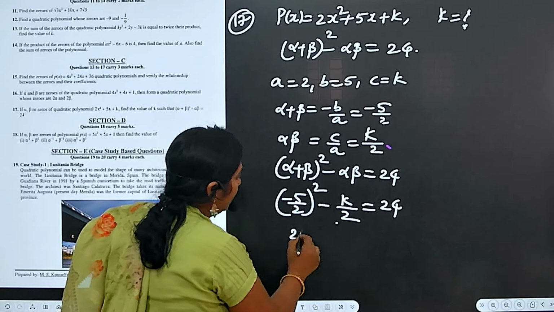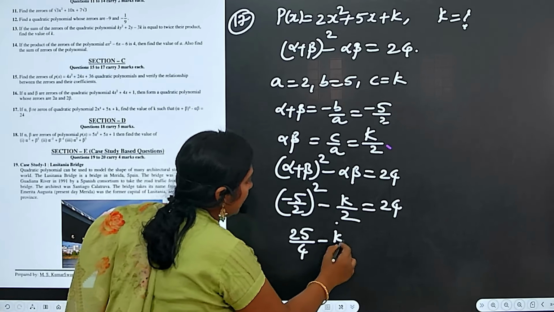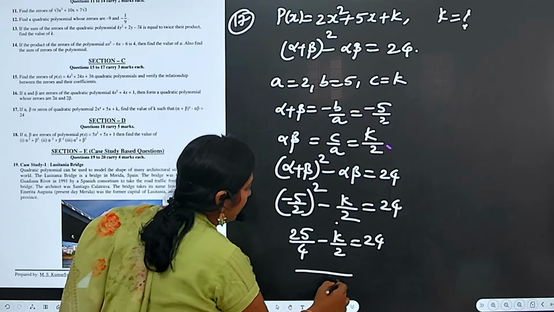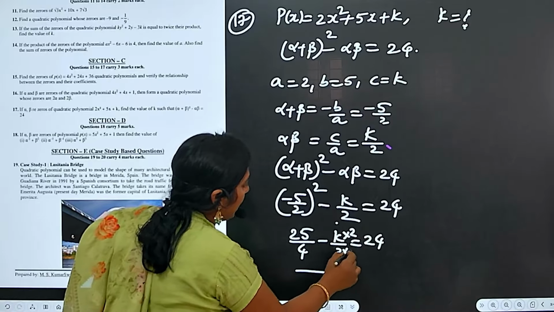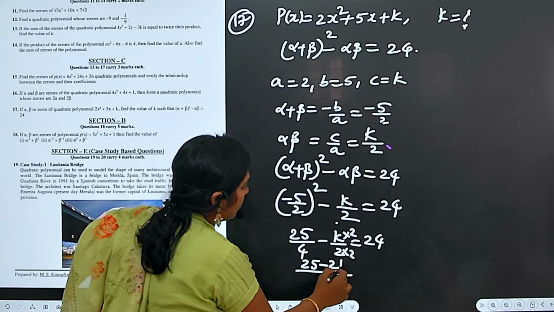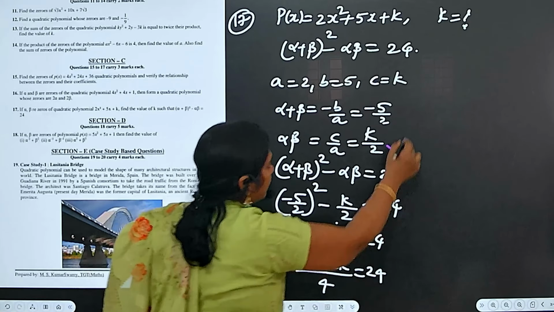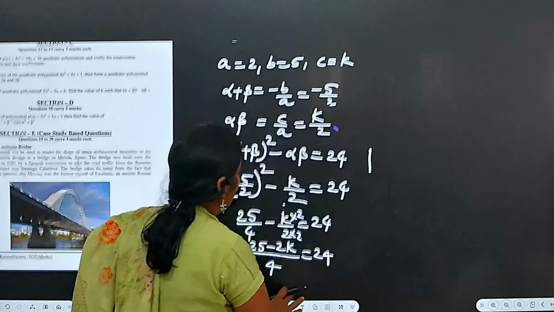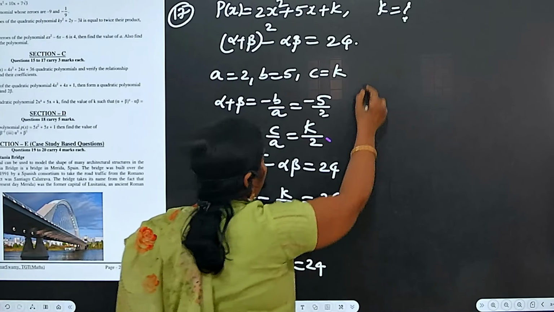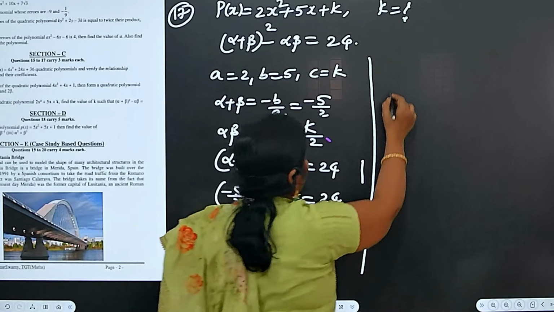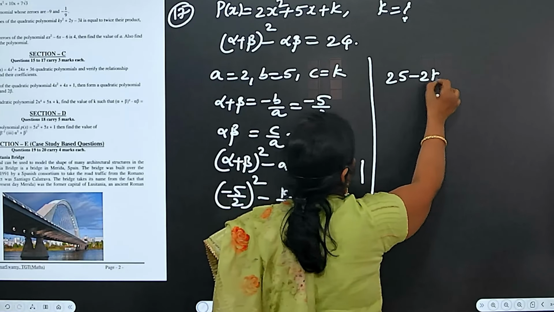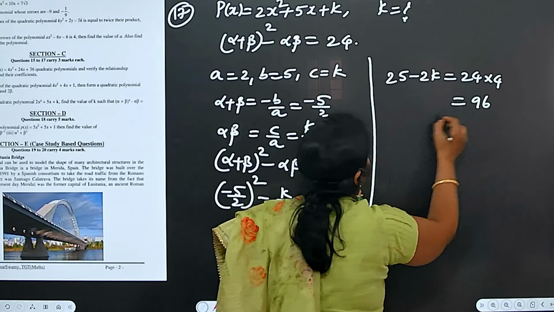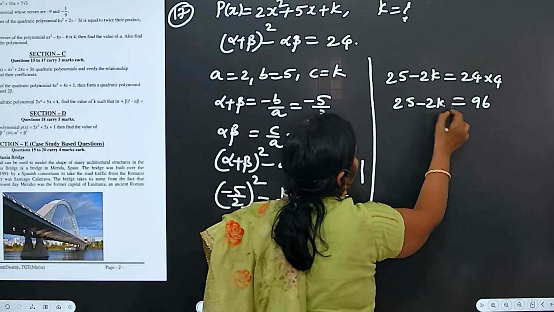Simplify. 25 by 4 minus k by 2 equal to 24. Take the LCM of left side. 4 is the LCM. It is multiplied with 2. 25 minus 2k equal to 24. Cross multiply. 25 minus 2k equal to 24 into 4. It is 96. 25 minus 2k equal to 96.